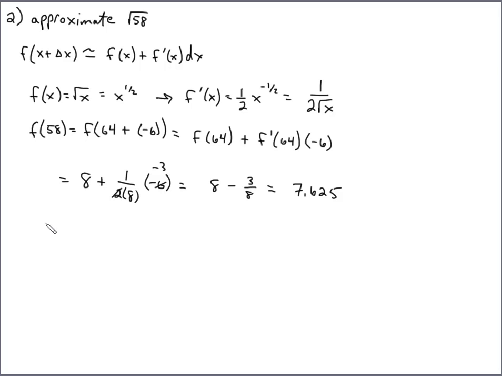So the calculator says, let's just write this. On the calculator, the square root of 58 is approximately 7.6158.